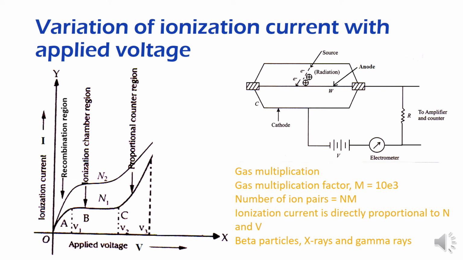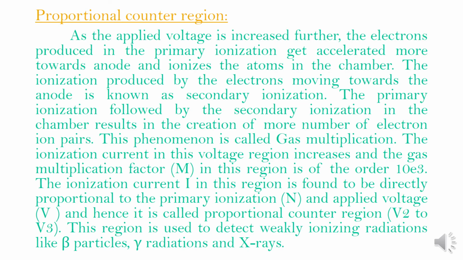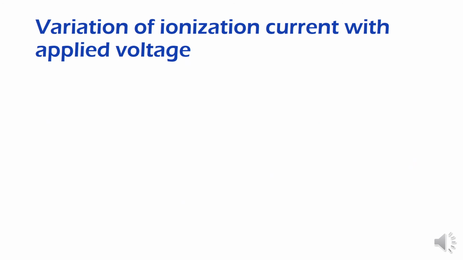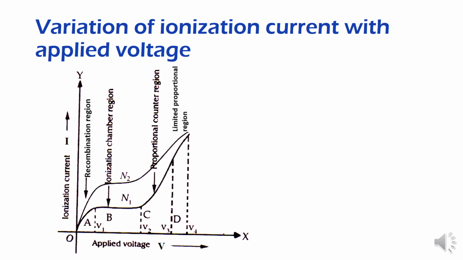Now let us increase the voltage which is greater than V3, and let us allow the radiation to enter into the chamber. Let us see what happens. Now you are going to see that the proportional relationship between current and voltage will no more exist, and the two different curves will start to merge towards one another.